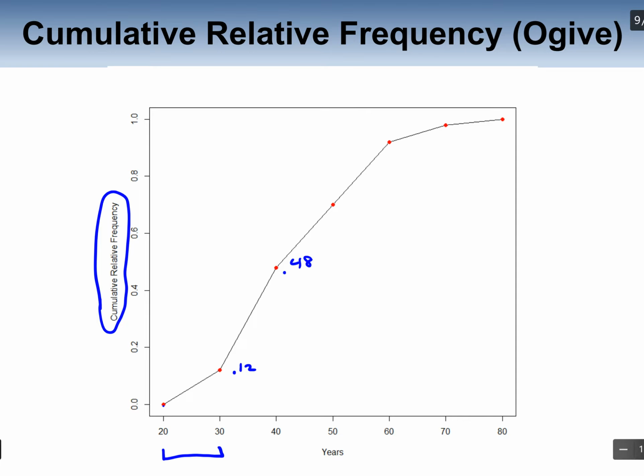All cumulative relative frequencies always end with this value at the top, 1.0. You could also have percents here. Sometimes we see it like that.